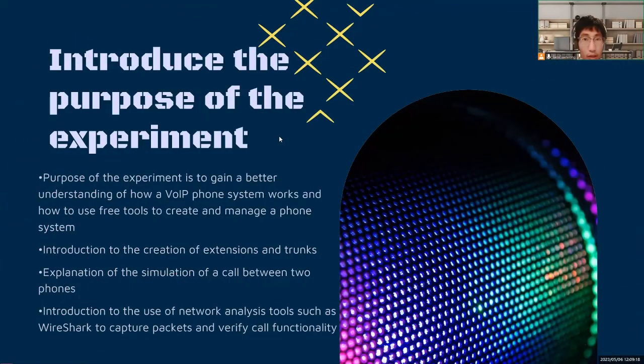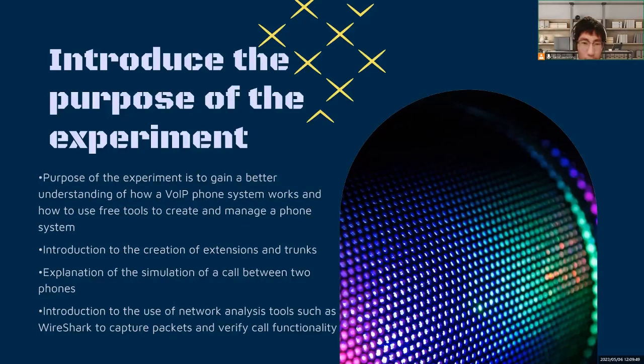Next, we'll introduce the purpose of the experiment. In this lab, we will use FreePBX and virtual machine software to create and manage a phone system. We will create extensions and trunks and simulate a call between two phones, known as the two clients. We will also use network analysis tools such as Wireshark to capture packets during the call and verify that the call is working correctly.